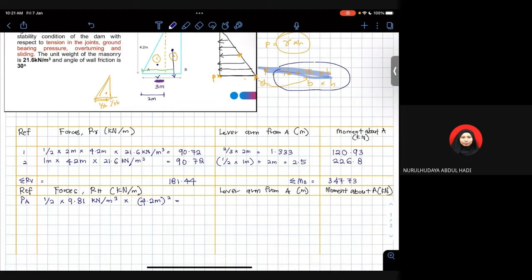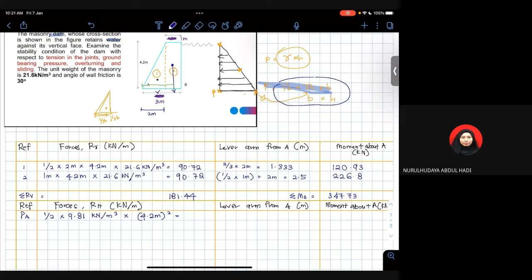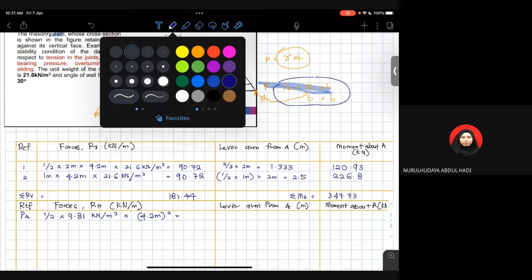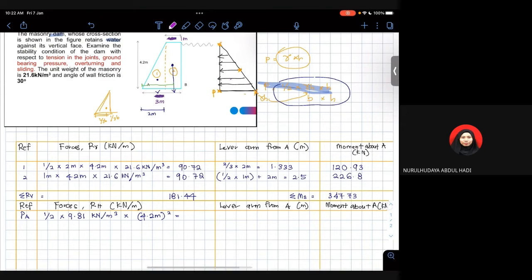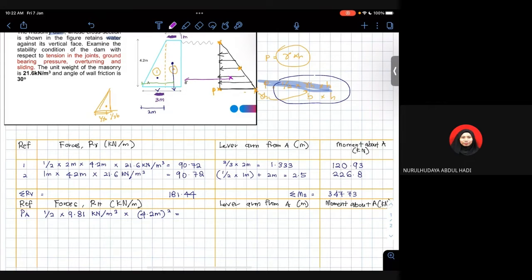For lever arm, because of water, the pressure distribution dia adalah triangle like this. Centroid dia will be somewhere around here lah. Force like this. Kita nakkan jarak ke A 90 darjah daripada point A kan. Jarak yang ni lah yang you nak.